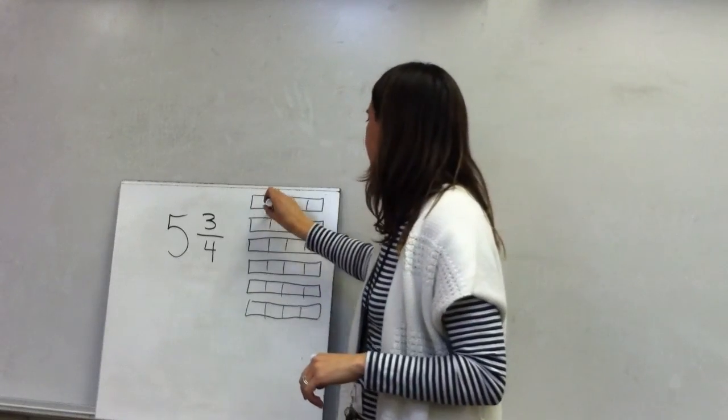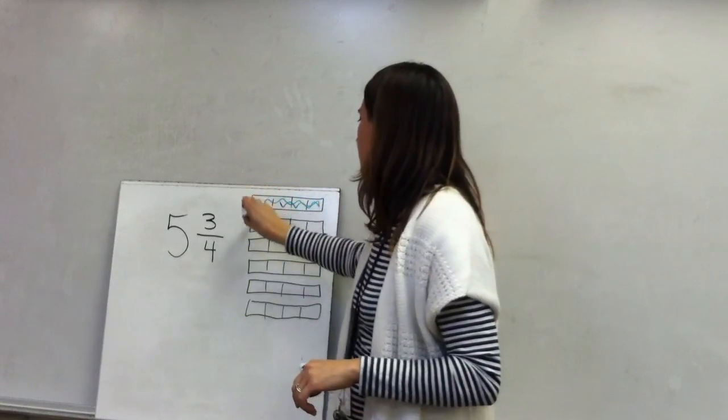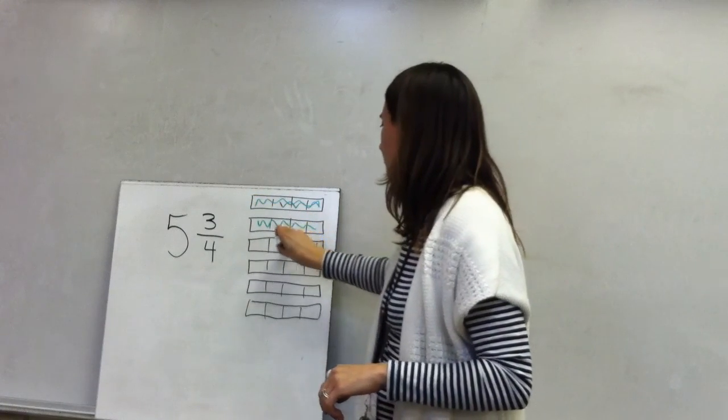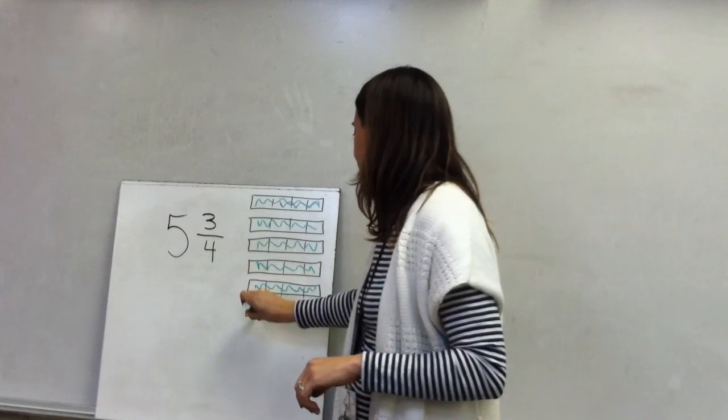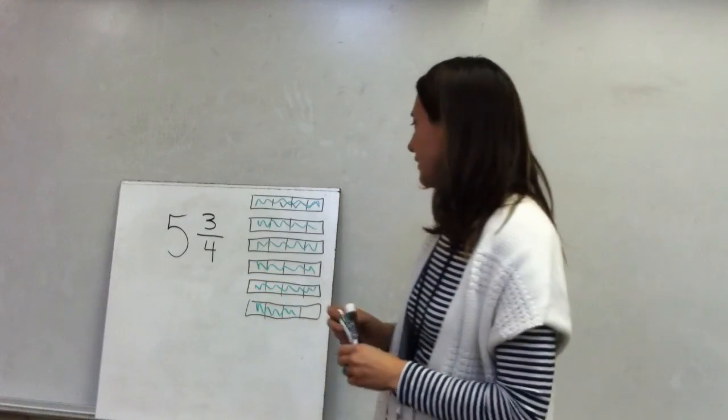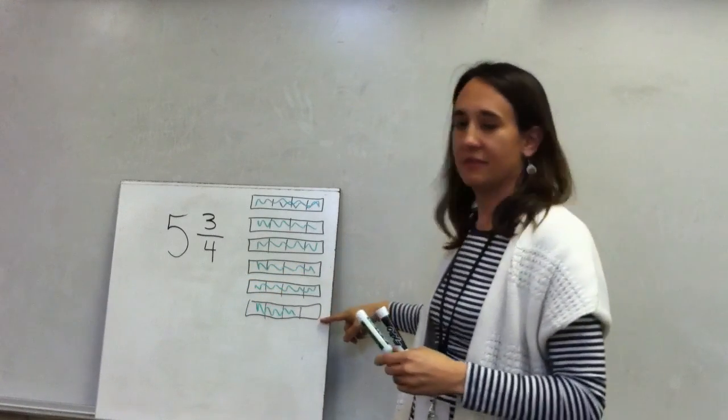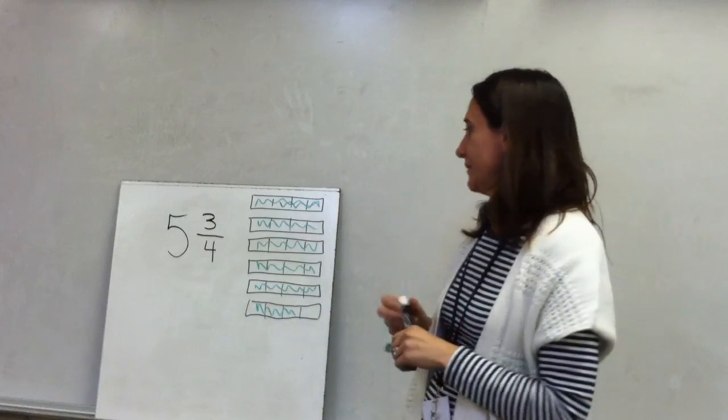So I'm going to color this in really quickly. 5 wholes. And then 3 extra pieces. So you can see that's 5 wholes and then 3 out of 4 equal pieces.